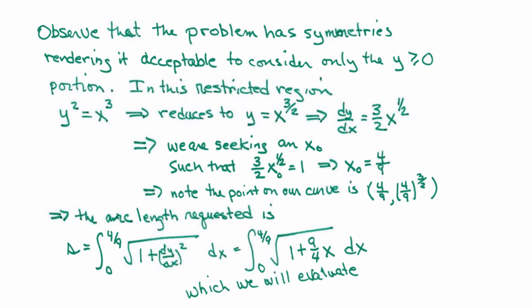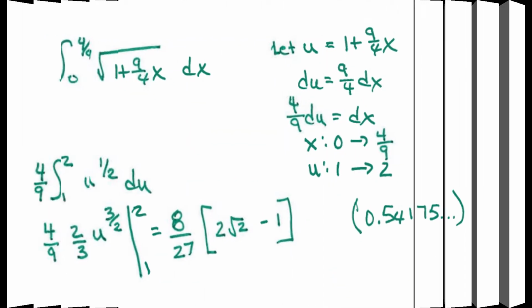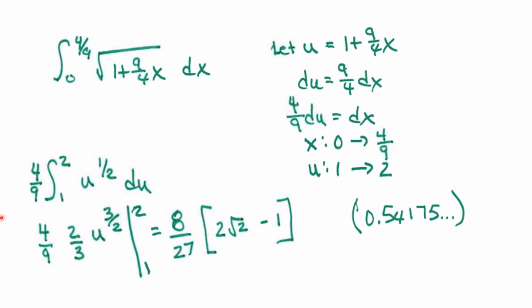Of course, you are being asked to evaluate this integral in addition to setting it up. A way to do it is to let u equal 1 plus 9/4 x, and then du is equal to 9/4 dx. That means that dx is 4/9 du. You don't have to do it this way, but it is a way to do it.